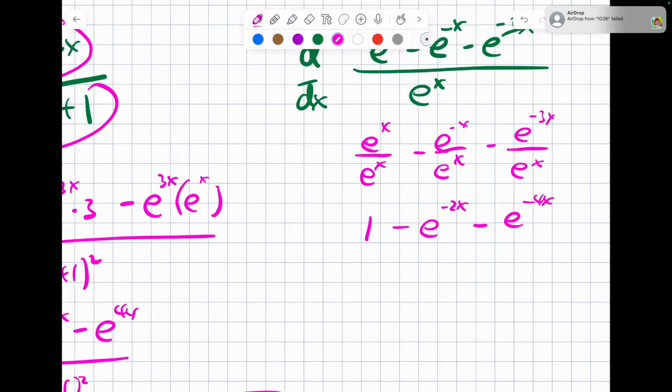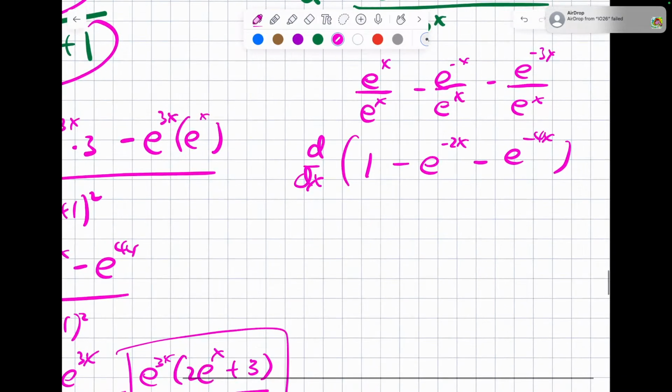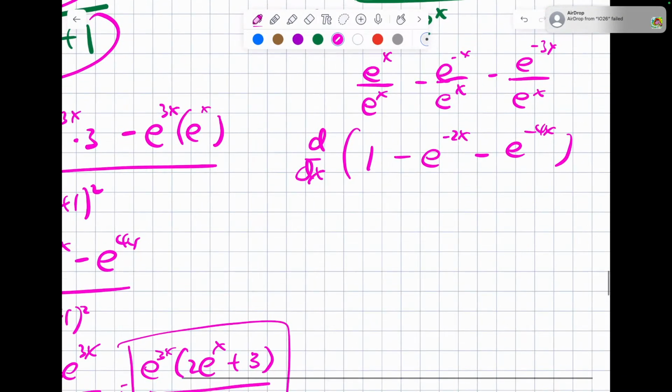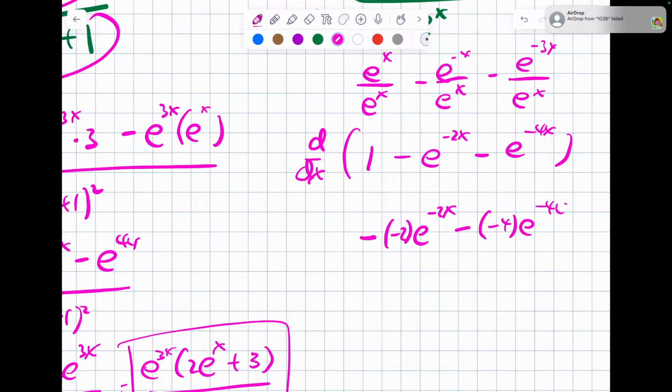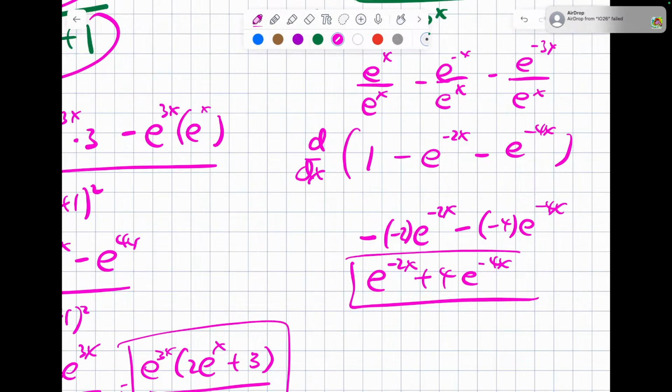Is that okay? Now I'm going to take a derivative of this because it's the same function as before. Derivative of 1 is 0. Derivative of this, you have to be careful. It'll be negative times negative 2 e to the negative 2x. Negative times negative 4 e to the negative 4x. So it'll be positive 2e to the negative 2x plus 4e to the negative 4x. Is this okay?